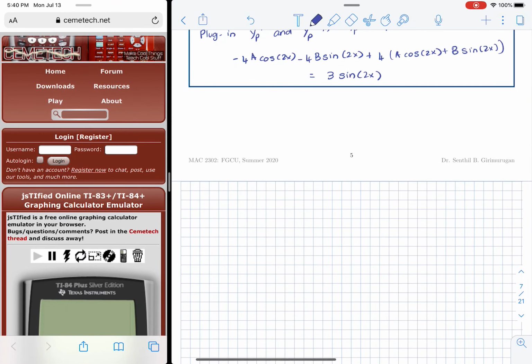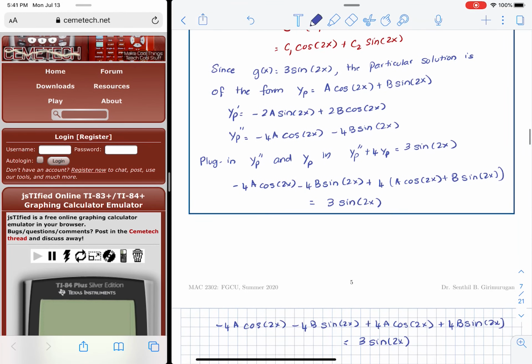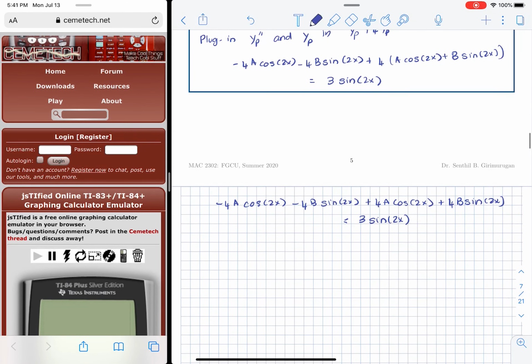So we have minus 4a cosine 2x minus 4b sine 2x plus 4a cosine 2x plus 4b sine 2x equals 3 sine 2x. Now, I did this to demonstrate something.